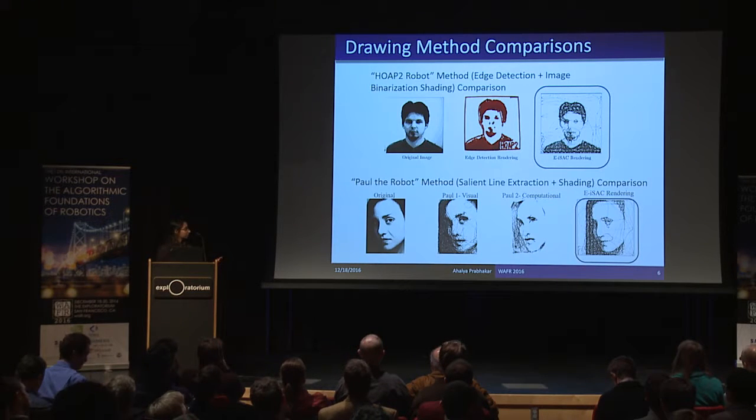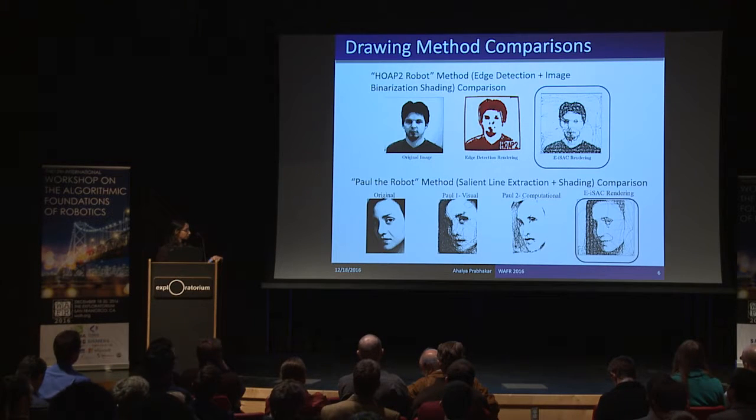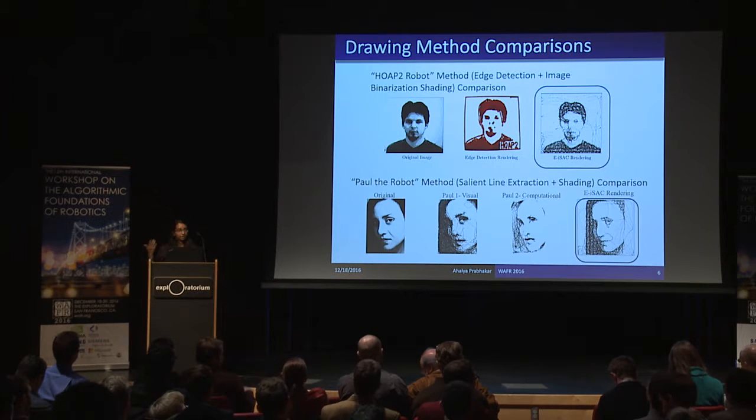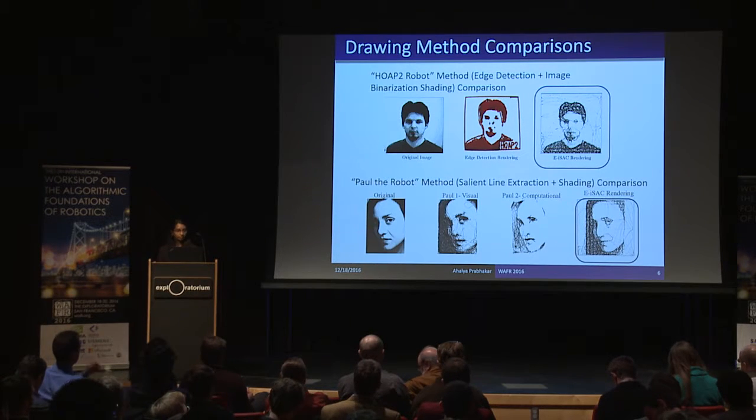We also compared it to the Paul the Robot drawing method, which uses a combination of salient line extraction and then one of two different shading processes to create the shading in the picture. Their first process uses visual feedback, which is this first Paul 1 rendering. They use an external camera to update the belief of what's been drawn and then determine where to shade next. They also use computational feedback, which uses primarily internal memory to generate where to shade next.